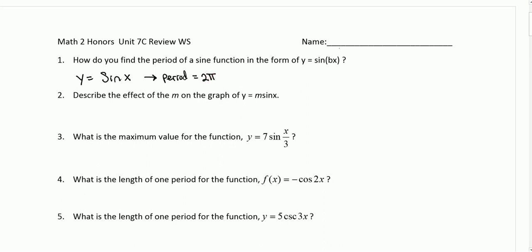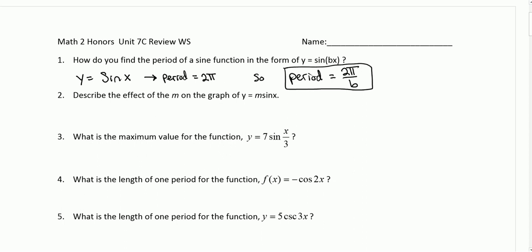So the difference now is if we have that b in front of the x. What that b does is you just take the original period, 2 pi, of sine and divide it by b. And that's the new period.